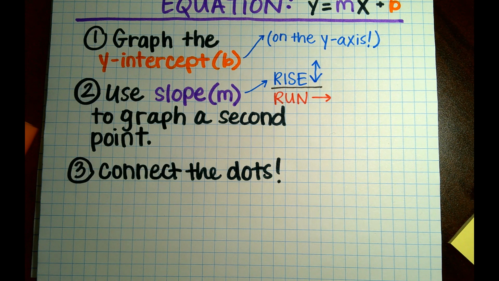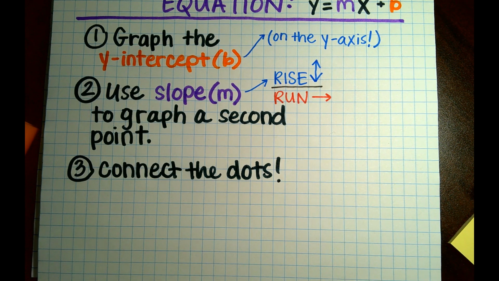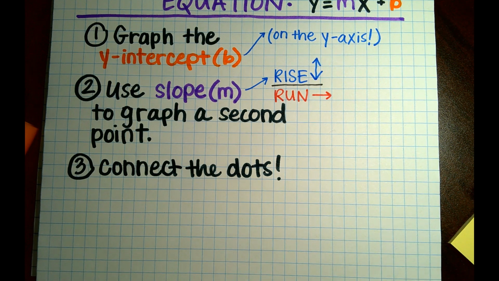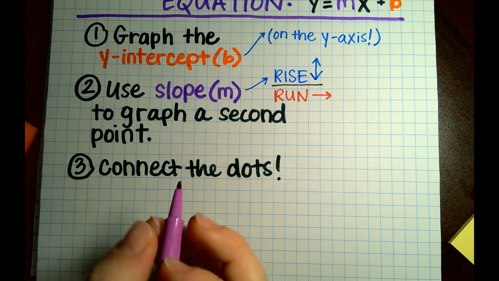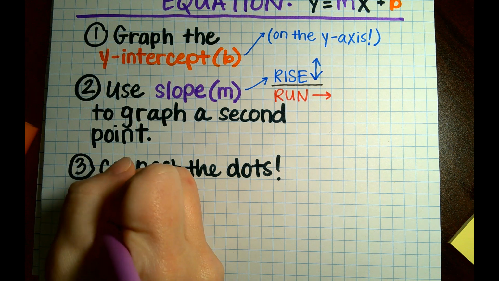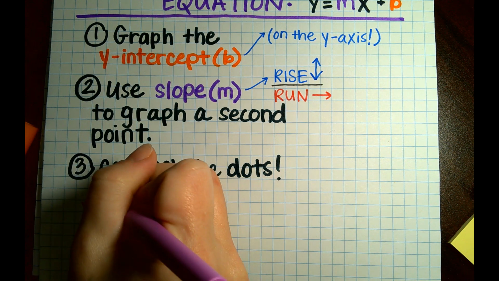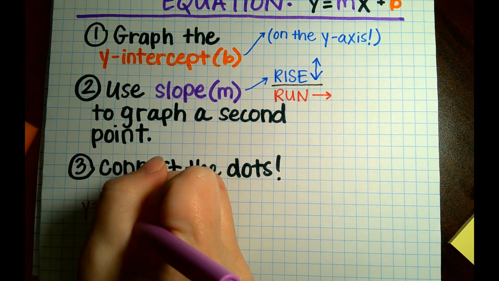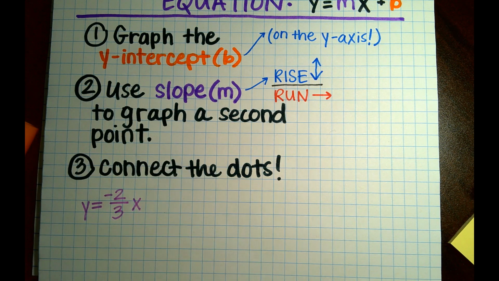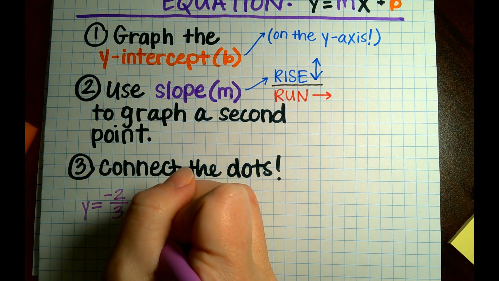And then we'll do some more graphing. And the next one that we'll graph, I'll start writing it below here. We have y equals -2/3 x plus 1.